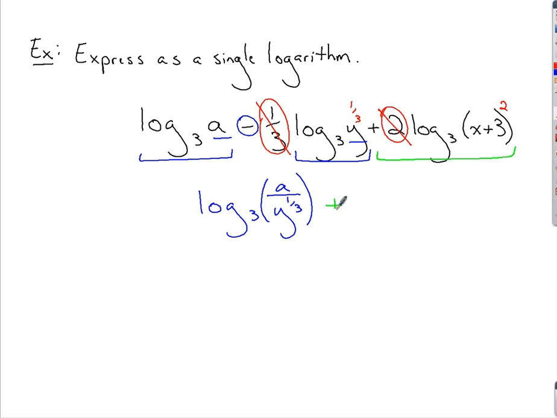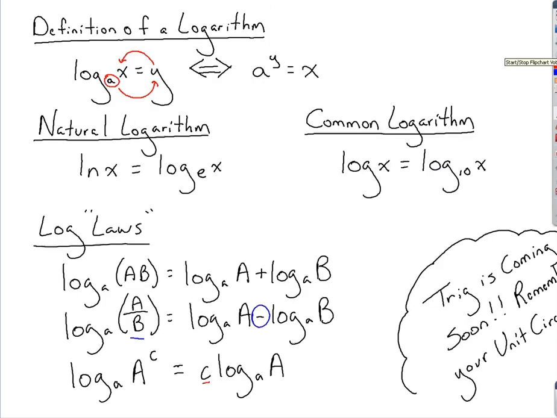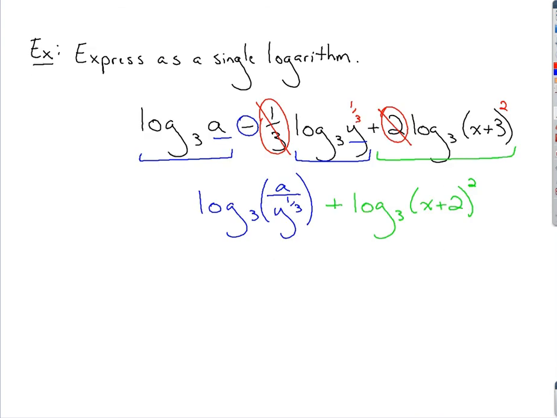But once again, depending on your comfort level, if you see that addition and you recognize that that just means we're going to have some form of multiplication, you could go ahead and piece it all together. So I do have addition. First item on my log law list, the addition means I have to create a product. So if I come back here, I would have log base 3, a single logarithm.